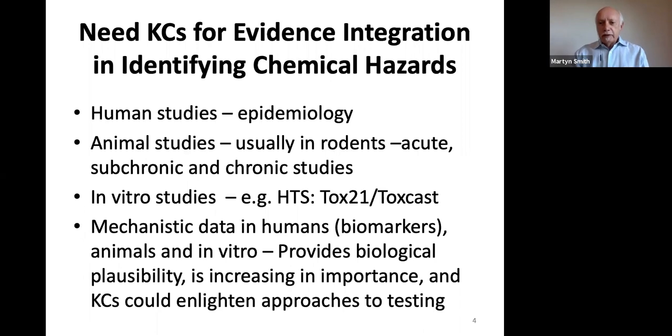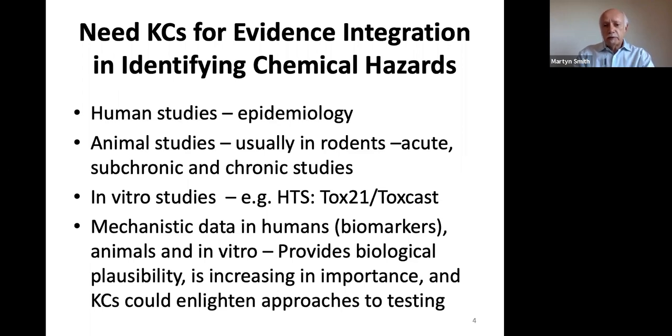Why do we need key characteristics? Well, we need them for evidence integration in identifying chemical hazards. Typically we use three streams of evidence: the first being human studies, mostly epidemiological studies; then animal studies, usually in rodents, of course, although we're just talking about fish, so it could also be that; and then mechanistic data, which can come from humans, animals, or in vitro studies.